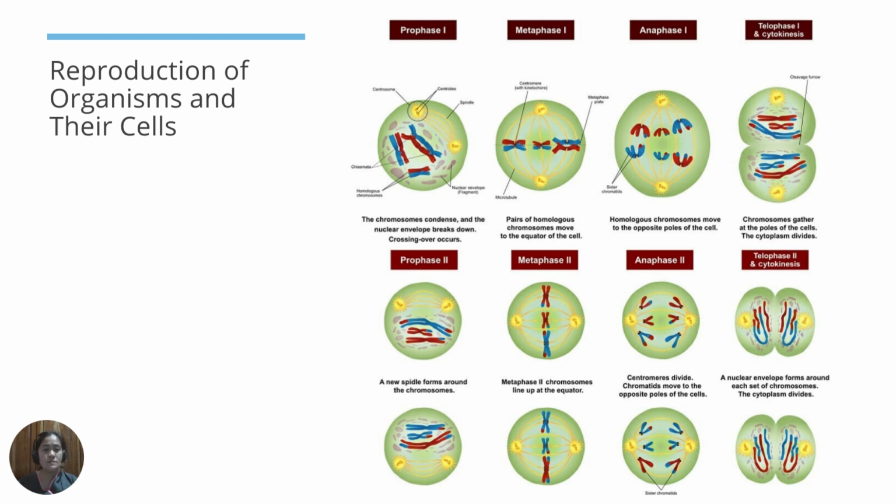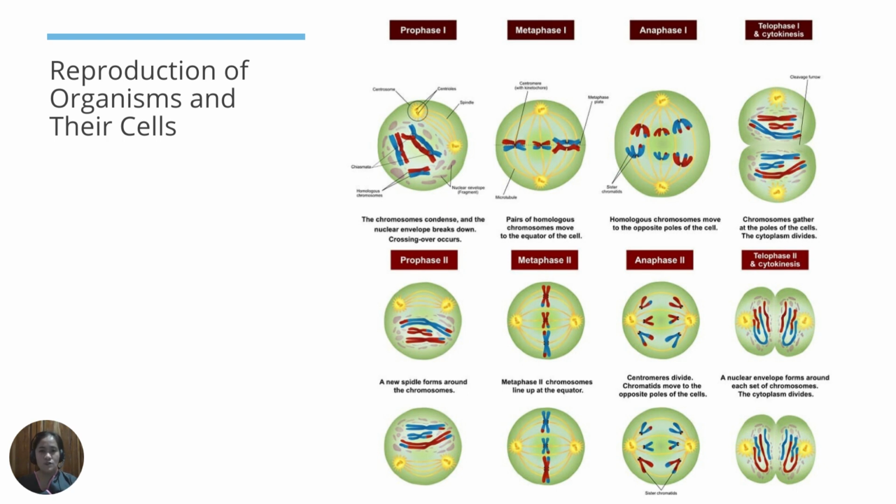During the prophase 1, the chromosomes condense and the nuclear envelope breaks down. So crossing occurs. Nagkakaroon na ng crossing, di ba? Nag-e-X na sila. Pagdating ng metaphase, pairs of homologous chromosomes move to the equator of the cells. So, the red and the blue, magkakasama na siya, magkaka-cross na sila.